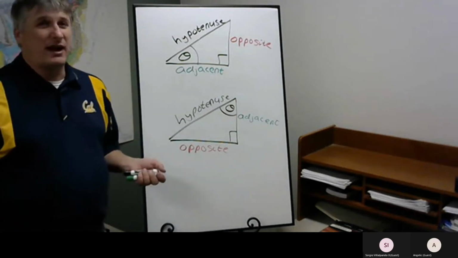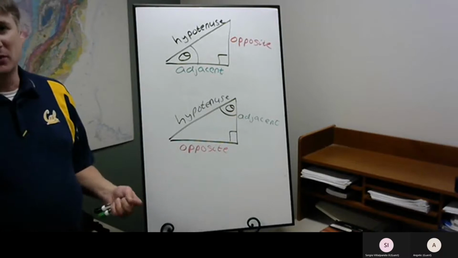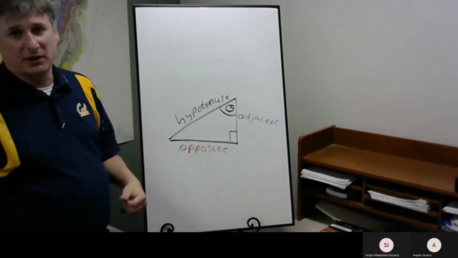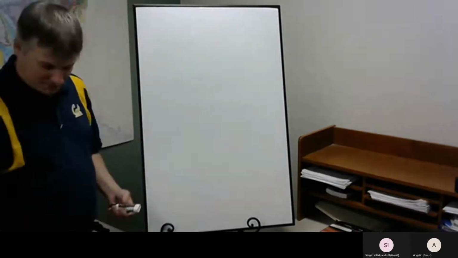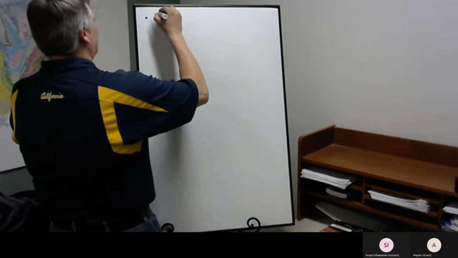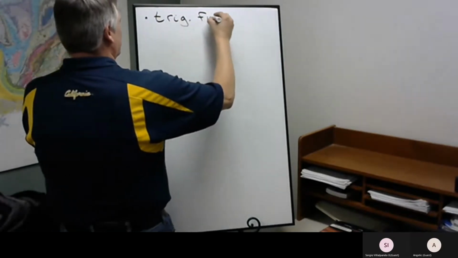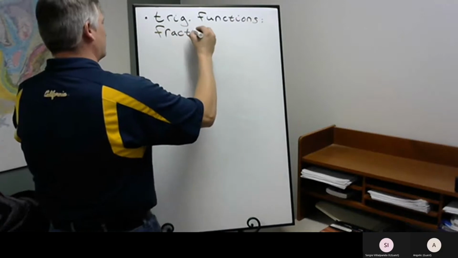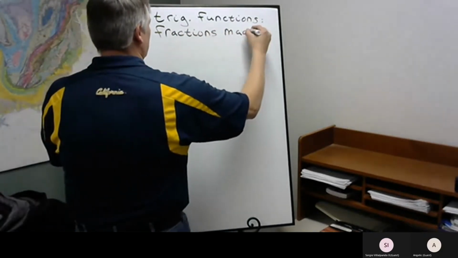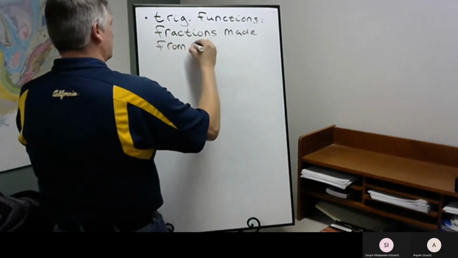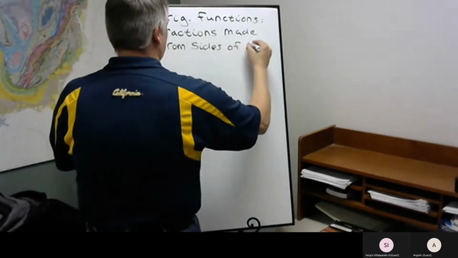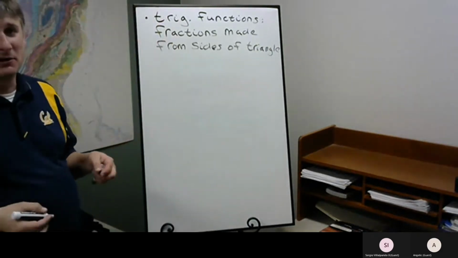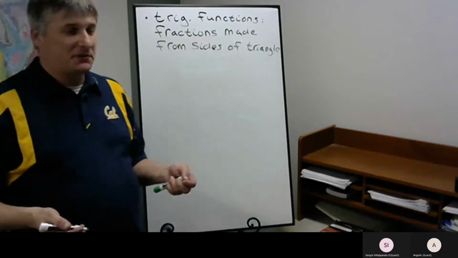Now, using this understanding of how we label the sides of the triangle, we come up with our trigonometric functions. They're fractions made from the sides of the triangle, and they have some fairly particular definitions.